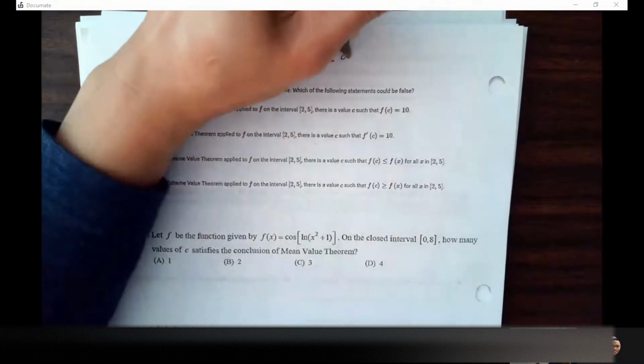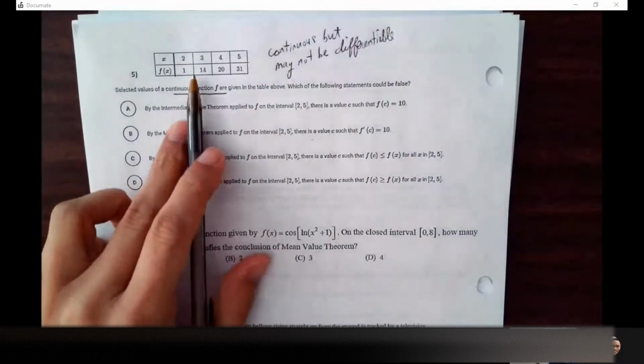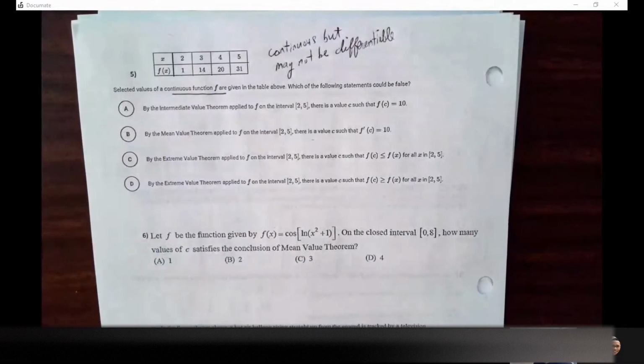Okay, but may not be differentiable. It doesn't specify that, so we need to take into account that there could be sharp turns along this graph. It doesn't specify that it's a smooth curve.